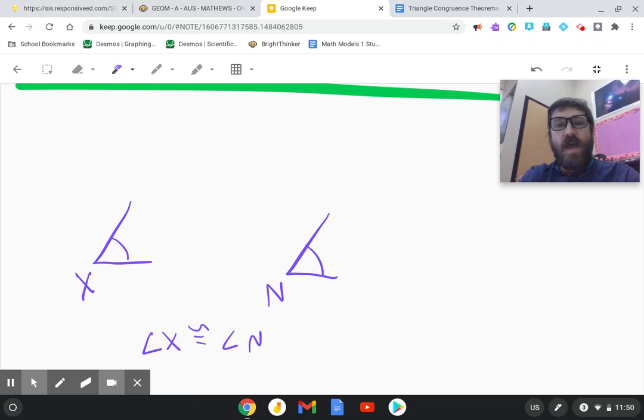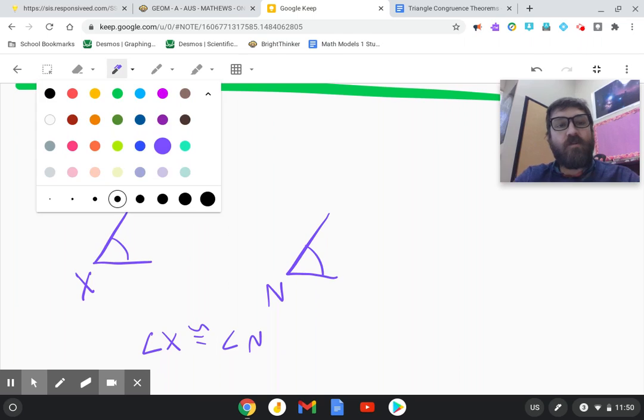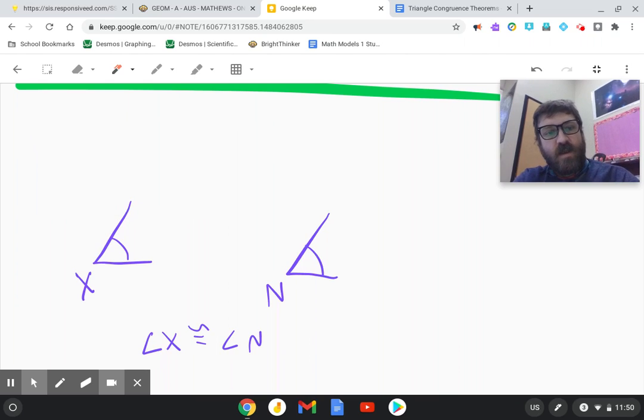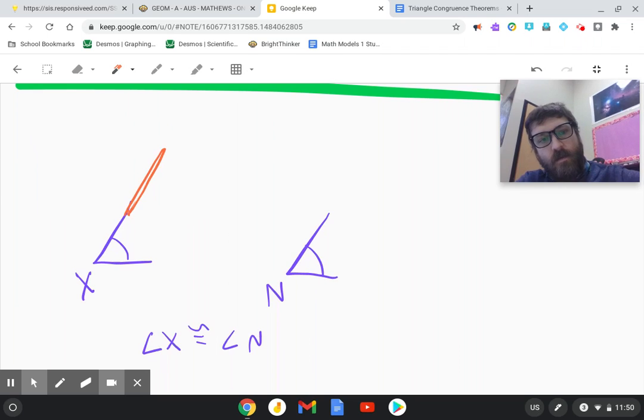So is that enough information to prove that those triangles are congruent? In other words, is there only one triangle that I can create that has these angles? And it should be pretty clear that no, there are lots of other triangles. For instance, I could make a triangle maybe like this, right?